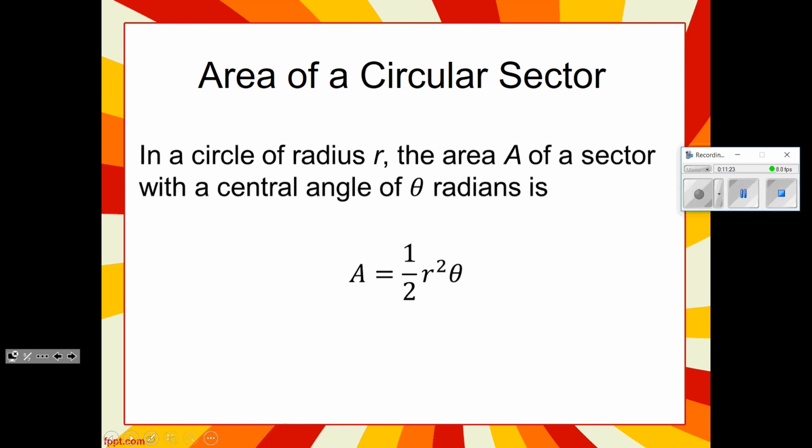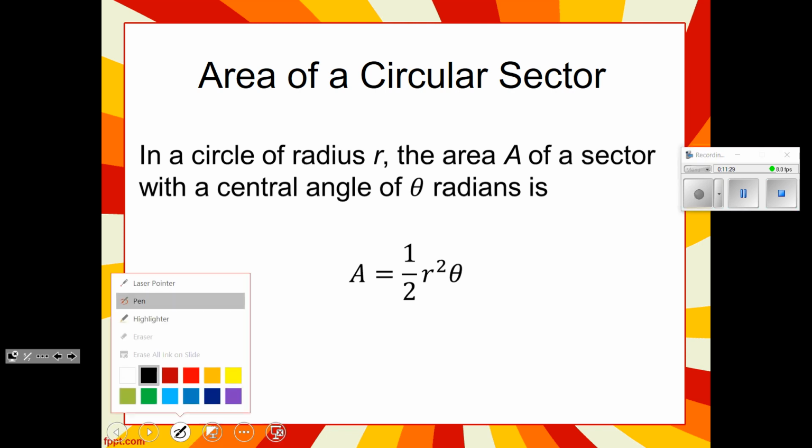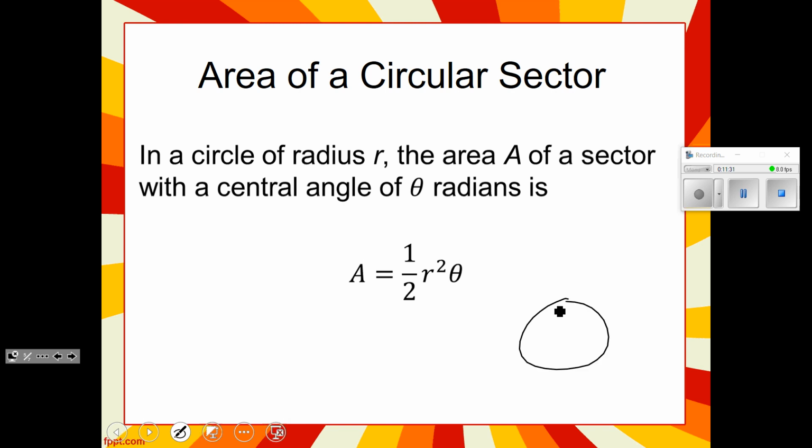So let me just remind you, if I want to find the area of a sector of a circle, the area of the whole circle would be everything inside of it, right? If I'm looking for a sector though, it's like the area of that piece of pie.